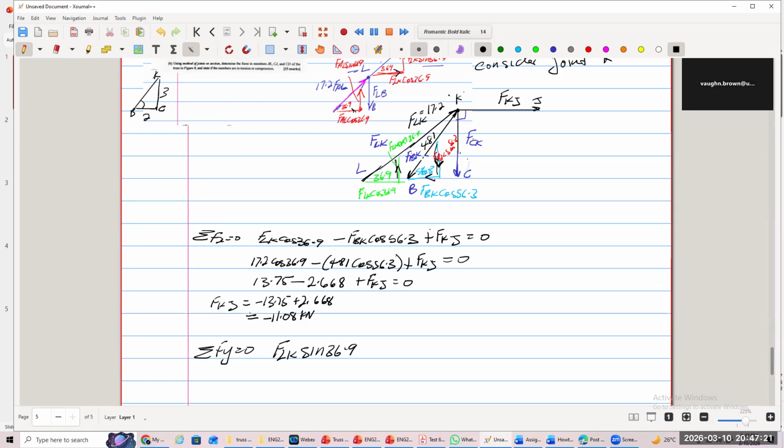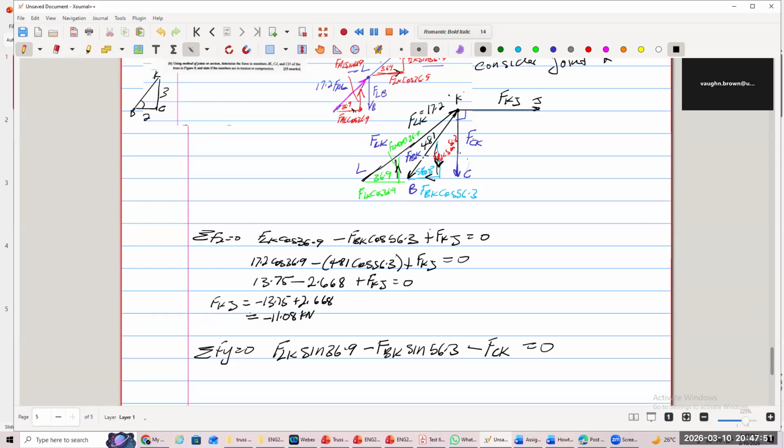And then we have one coming down, which is minus F_BK sin 56.3. Try not to make a mistake. And then the next one coming down is minus F_CK equals 0. I think we captured all of them now.